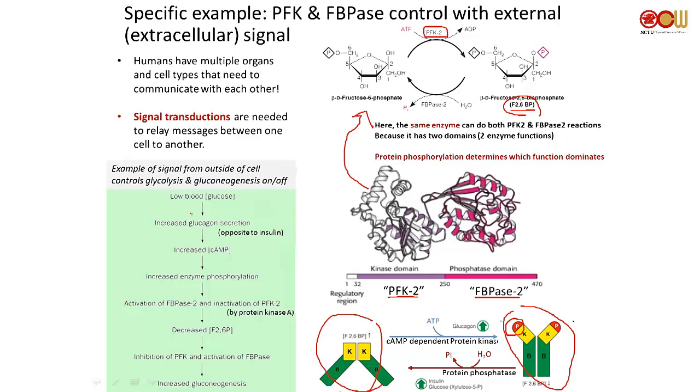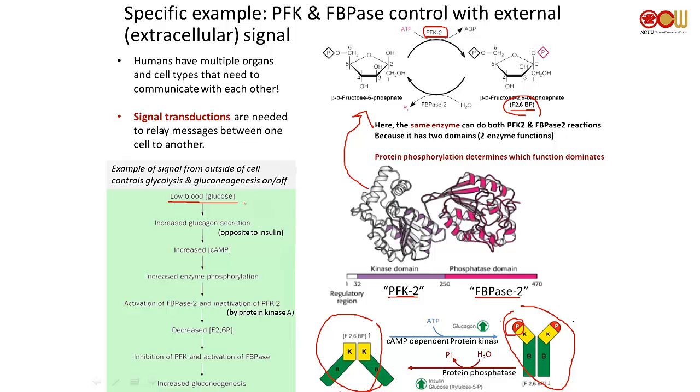This particular example is given for when you want to do gluconeogenesis, because in the blood, your glucose is low. If glucose is low in the blood, you want to produce more glucose so that the other tissues can use it. This is going to happen in the liver. So your liver wants to make glucose. How does that happen?